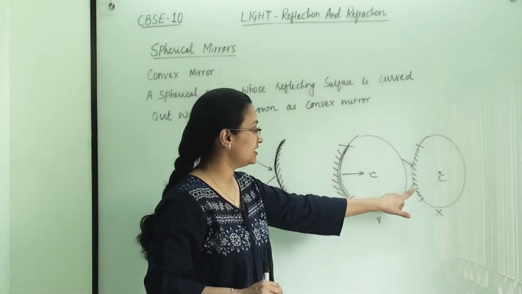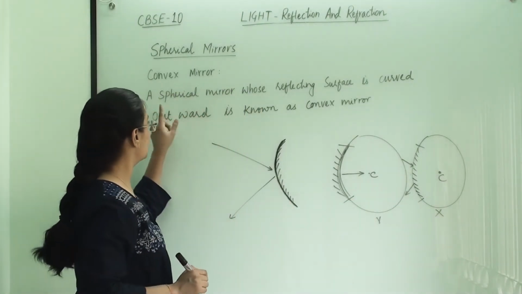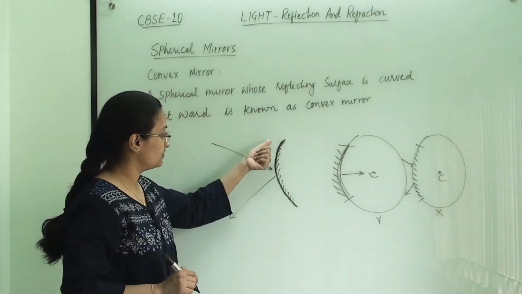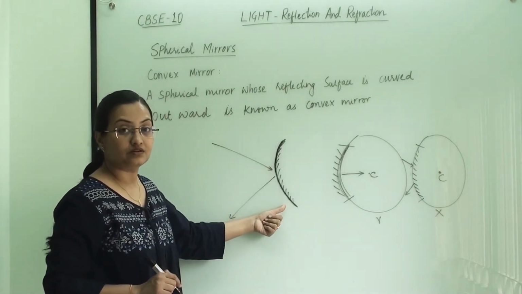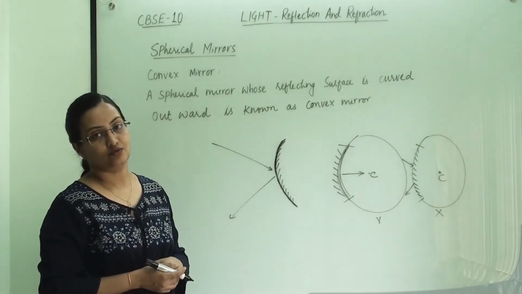That is the only difference between the two mirrors. A convex mirror's bending surface bends outward: an outward bending mirror is a convex mirror and an inward bending mirror is a concave mirror.